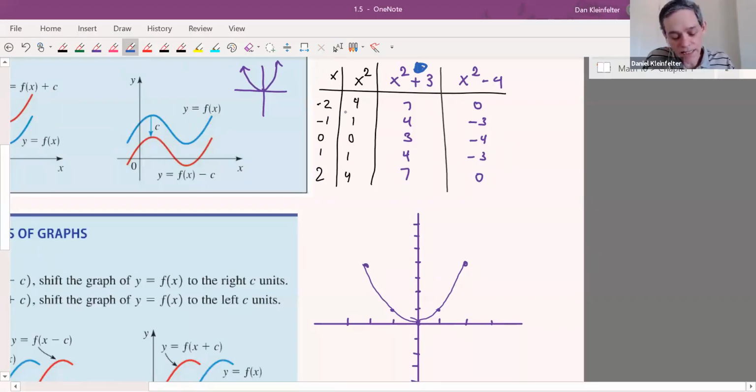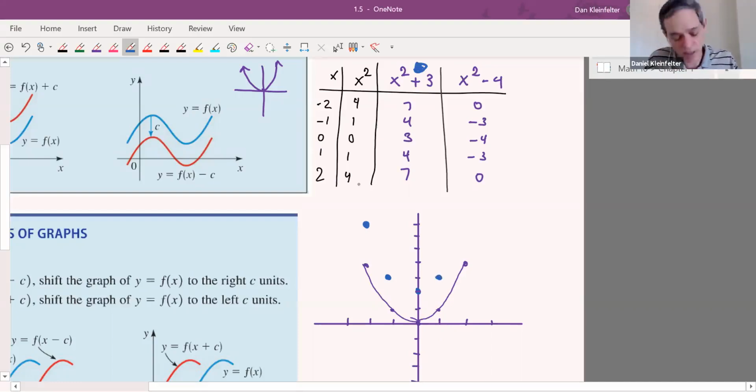So when x is -2, we should have 7. When x is -1, we should have 4. When x is 0, we should have 3. And then, as you know, the graph has some y-axis reflection symmetry that you can exploit here. When x is 1, y is 4.